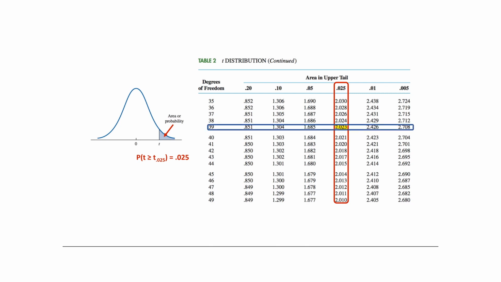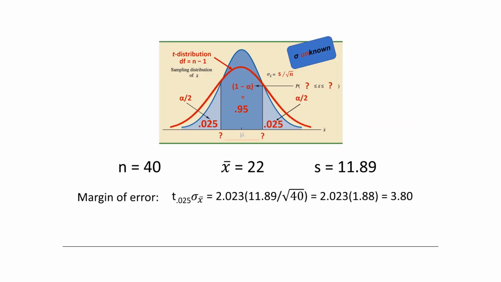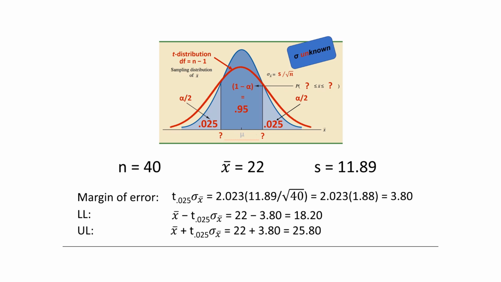So we find the t-value of interest to us at the intersection of that column with the 39 degrees of freedom row, and it is 2.023. So at the 95% confidence level, the margin of error is 3.8. The lower limit of our interval estimate is 18.20, and the upper limit of our interval estimate is 25.8.